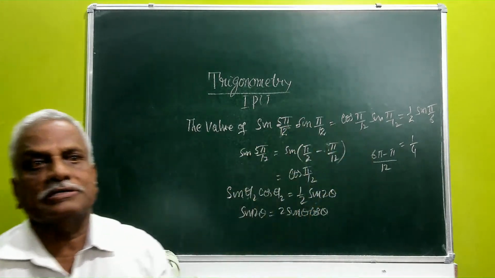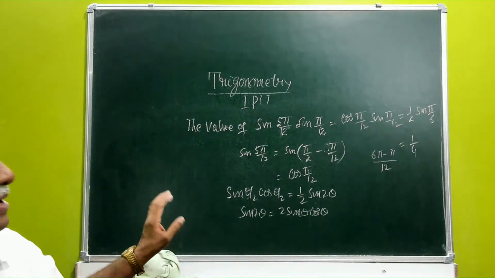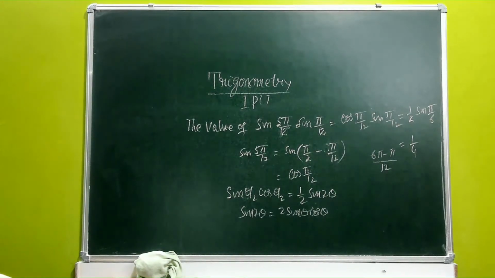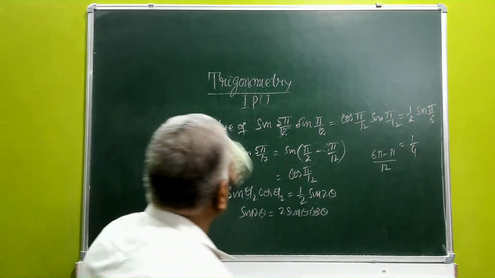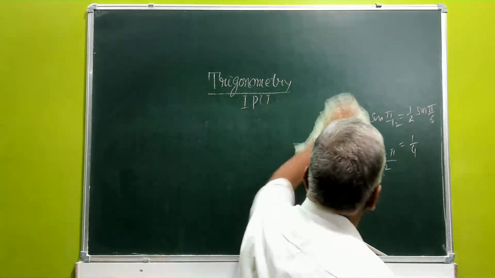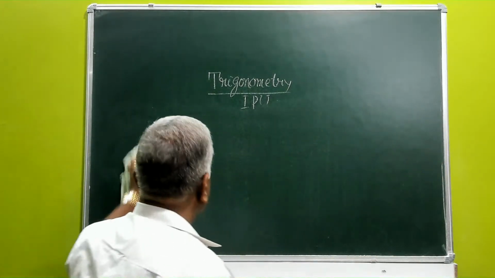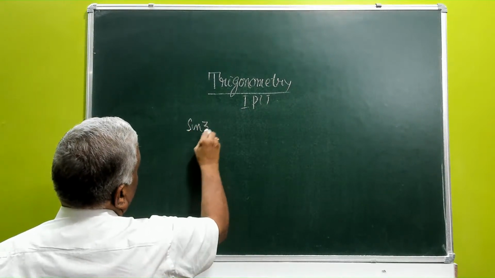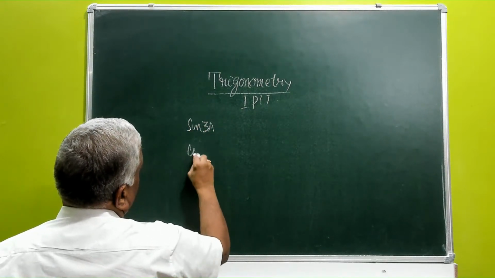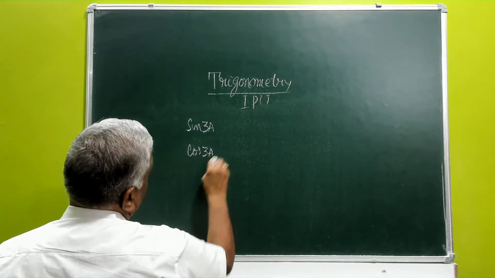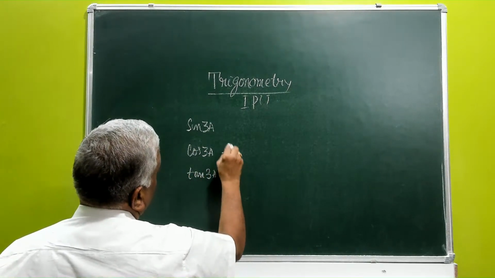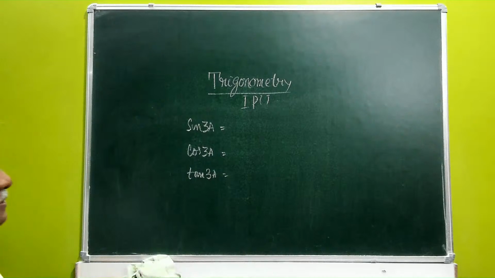So there are two problems that I have noticed based on these formulas. After that, you need to remember the other three angles. What are those angles? Sin 3a, cos 3a, and tan 3a. In fact, these formulas are required for integration also.